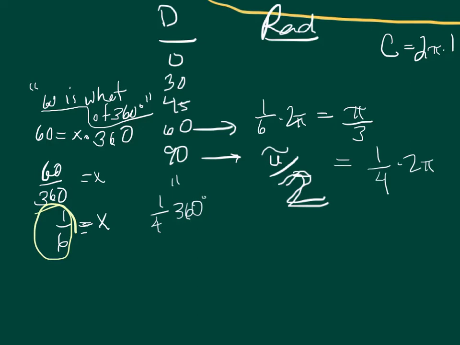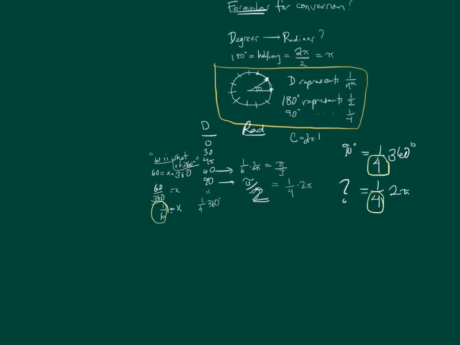Pi over 3. All right, so let's go ahead and start to mark this out a little bit. What we figured out, and I'm going to draw some stuff on a unit circle here. That's an approximation of a unit circle.